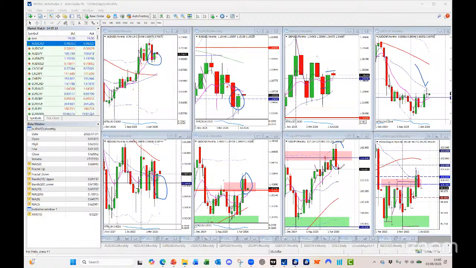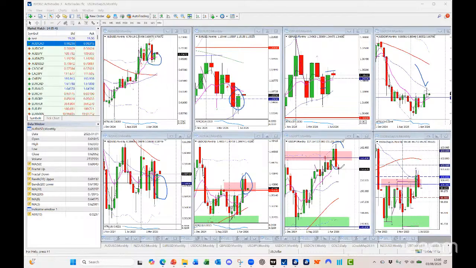Now, once again, those inside bars could be just a sense of, after the volatility that we'd seen in the early part of the year, everything's compressing before this summer break, the calm before the storm. Normally I would expect August to be pretty quiet.